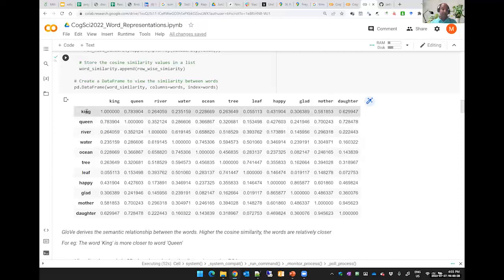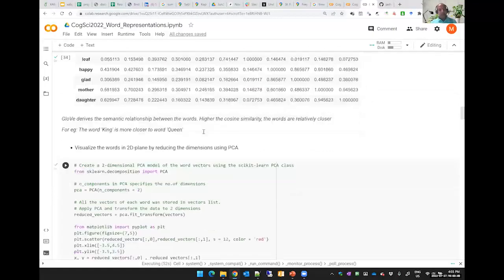For example, the cosine similarity between king and queen is 0.78, and that makes sense compared to, let's say, king and water, which is 0.23. River and water have a very high cosine similarity, 0.62, and river and ocean also have a high cosine similarity. So they do carry semantic sense: river, water, ocean are related, tree, leaf are related, and so on.